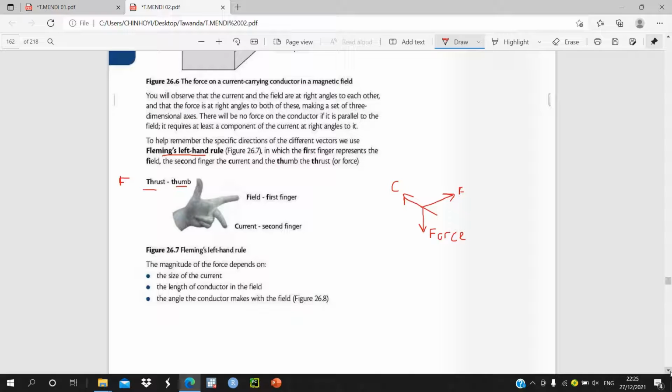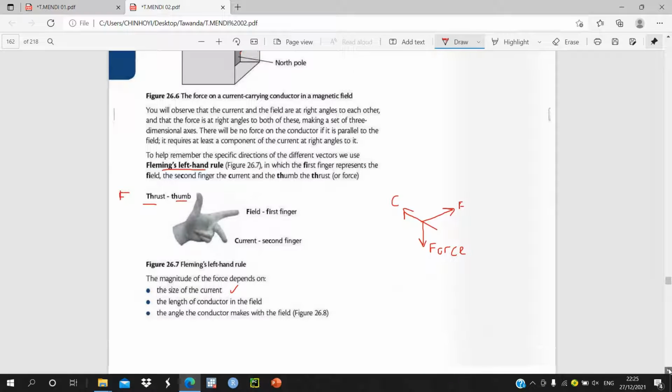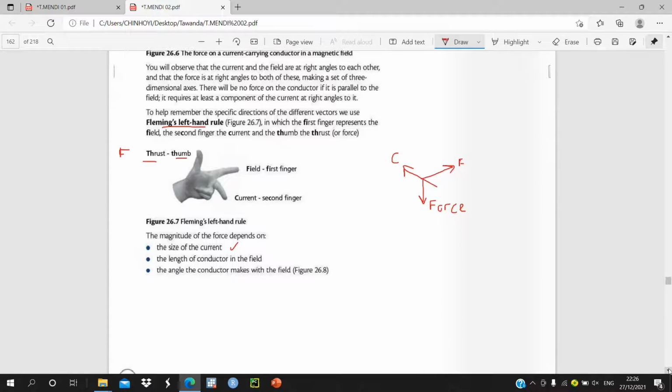You need to note that the magnitude of the force depends on the size of the current. It also depends on the length of the conductor in the field, and on the angle the conductor makes with the field.